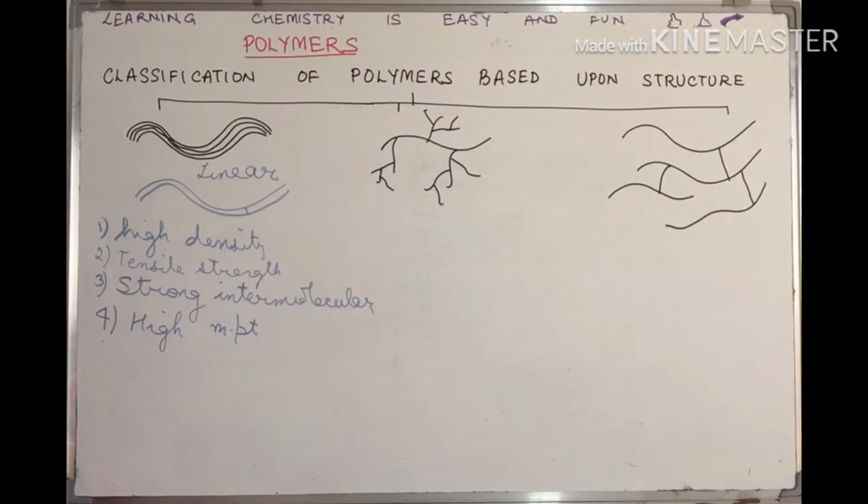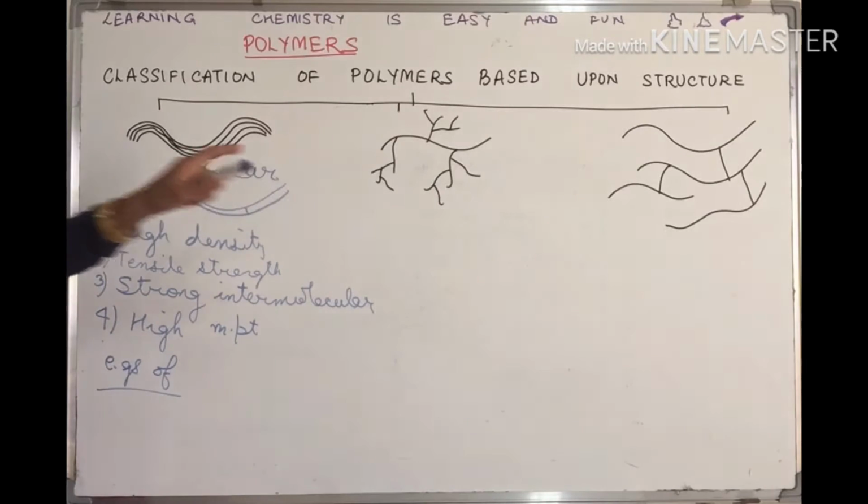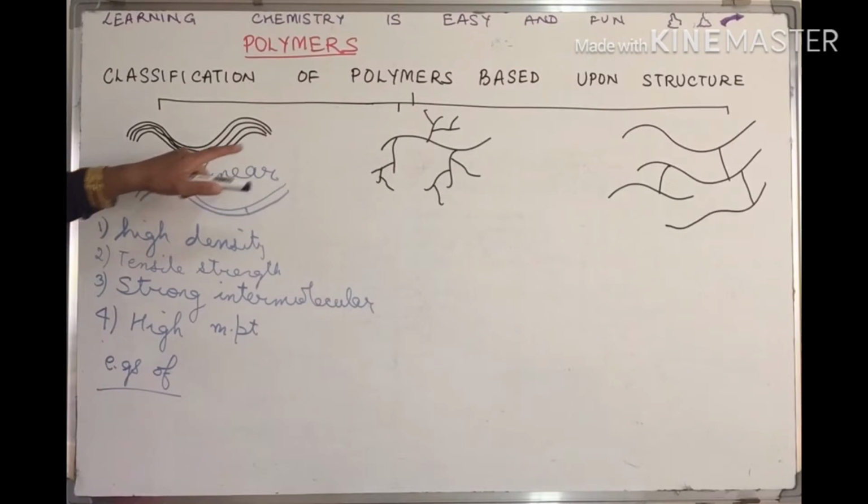Can you find out some examples of linear polymers for me? What kind of substances are linear polymers, or what are the examples of linear polymers? Let's go on to the next. Now, if this is called linear, based upon its structure, what will you call the second one?